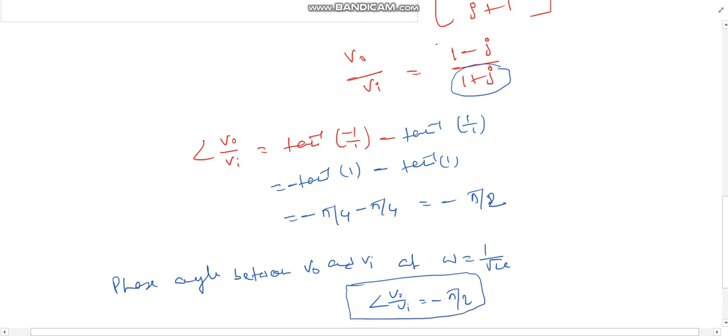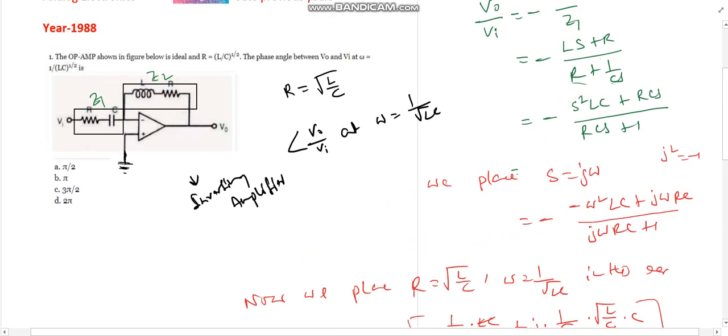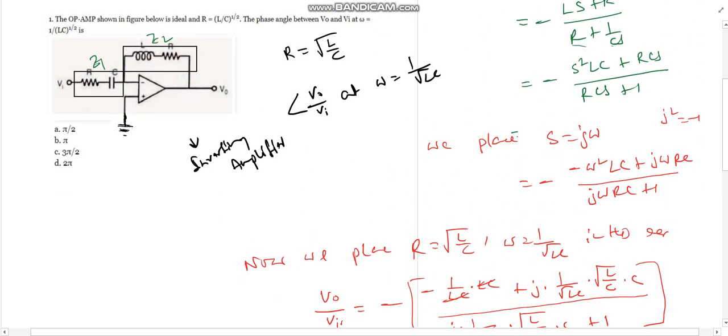Now go to the options. There is no option of minus pi by 2. So the phase angle V0 by Vi equals minus pi by 2, which we can write as 2 pi minus pi by 2.